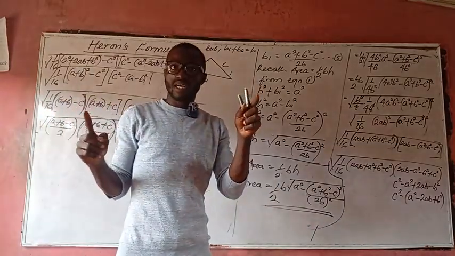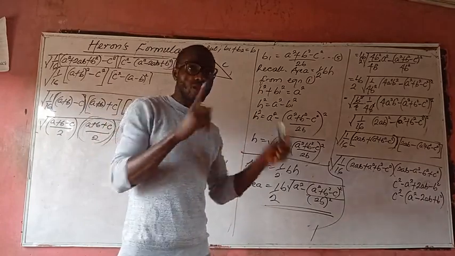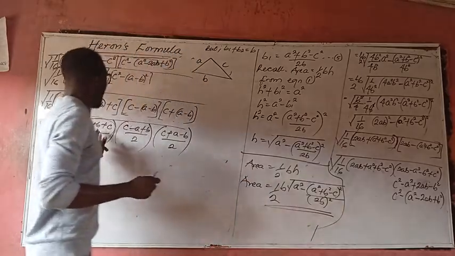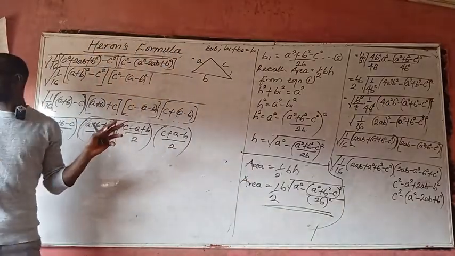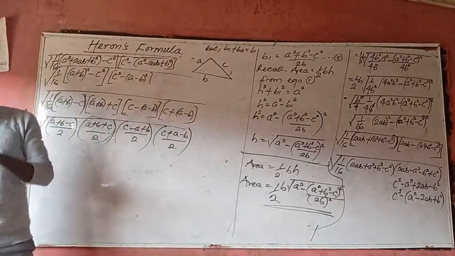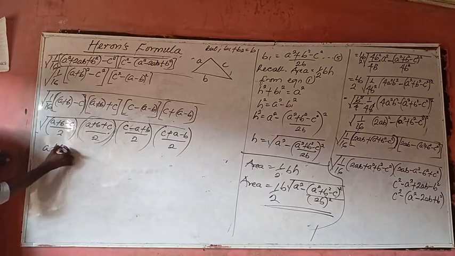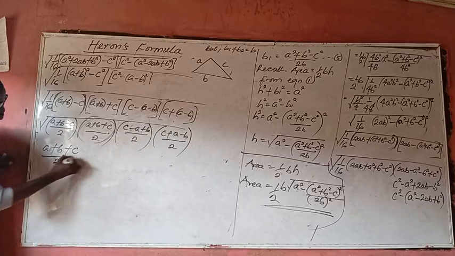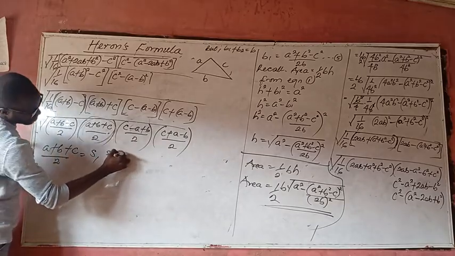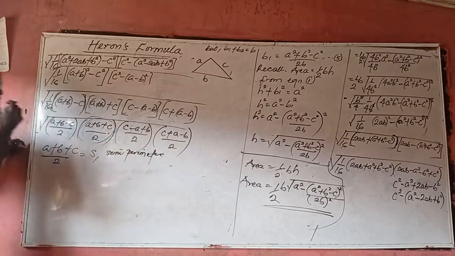So since we are just adding all the sides, and here we are dividing by 2, we call it a semi-perimeter because we are dividing by 2. It's not just perimeter. So (a plus b plus c) over 2, we call it S, which is our semi-perimeter. Is it clear now?